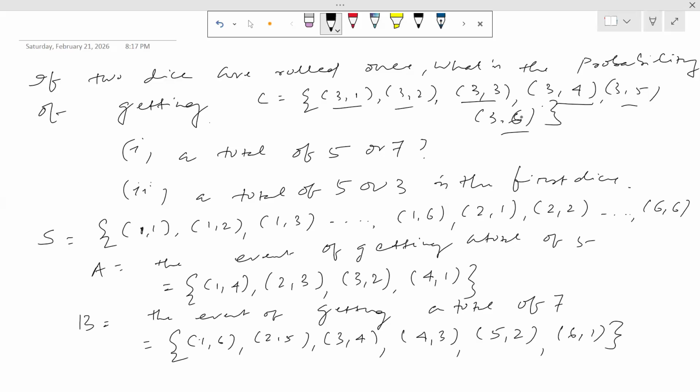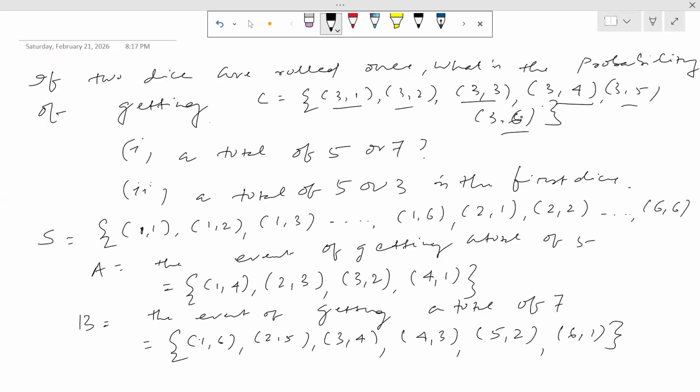Where? In the second question it is saying a total of 5 or 3 in the first dice. Okay? Is it clear? Second question.